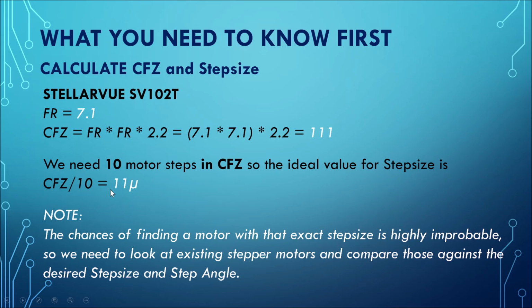So if we divide it by 10, we get a step size of 11 microns. Finding a step mode which exactly gives us 11 microns is a needle in a haystack problem. So what we're going to do is have a look at some existing step modes and decide which one's close enough, and we'll use that instead.